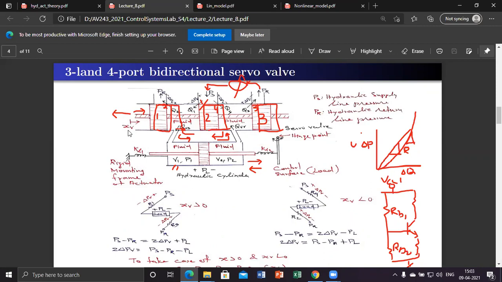That's called a torque motor or force motor. Different types of motors can be there. One benefit here is we do not need to move to a large value. For most purposes, the displacement of the spool within the sleeve is limited to plus or minus 0.5 millimeter. That much is sufficient. That's the maximum displacement, and with that itself it will lead to the full flow because of the very large pressure we are applying.